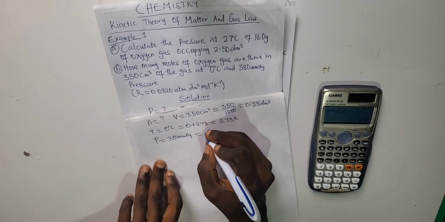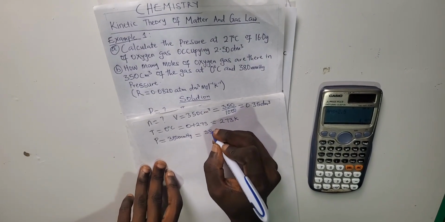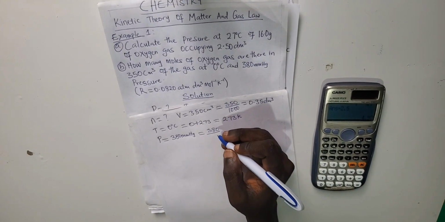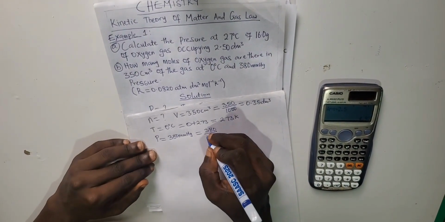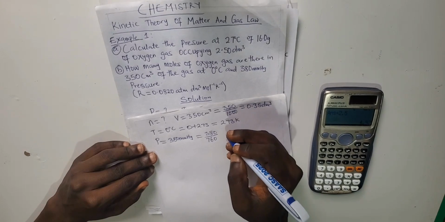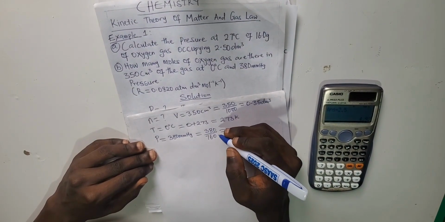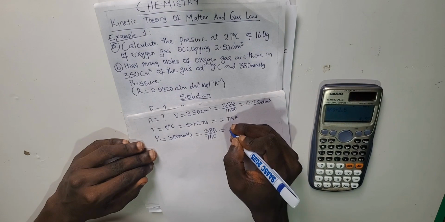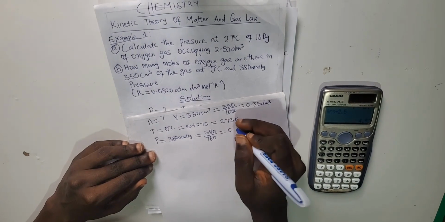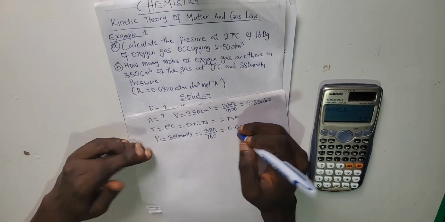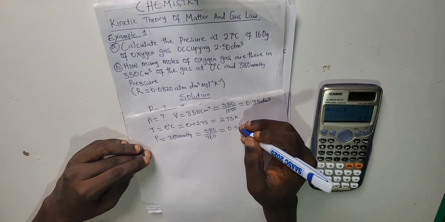To convert from millimeter mercury to ATM, I will divide by 760. If I divide this by this, I will have 0.5. I can decide to put 0 at the back, I can decide to leave it like that. Let me just leave it like that.